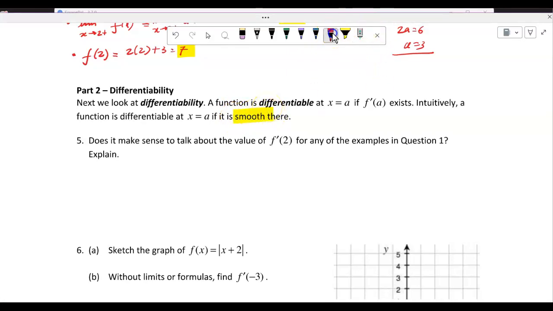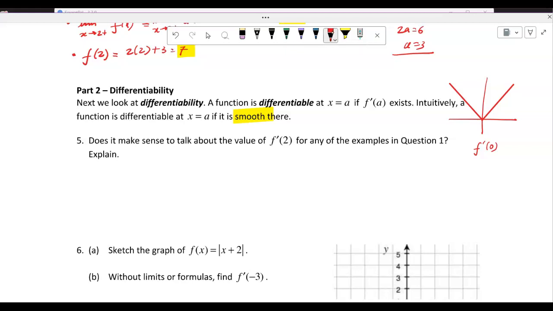To give you an example of what is not differentiable: the modulus function y is equal to mod x. Does the derivative exist at 0?